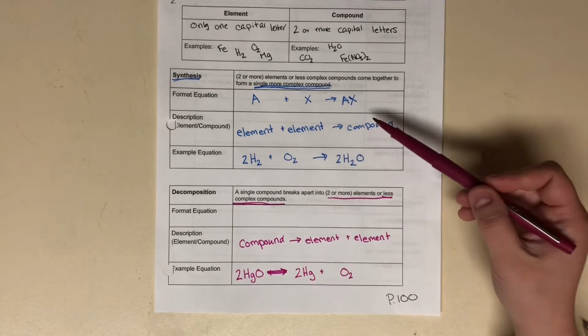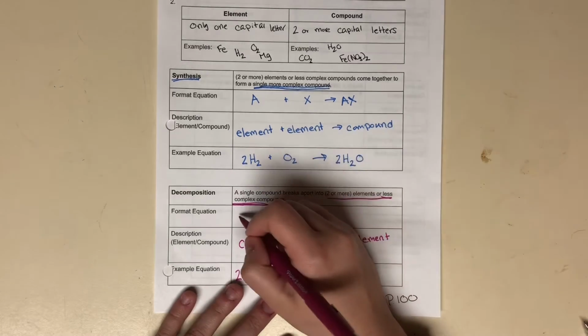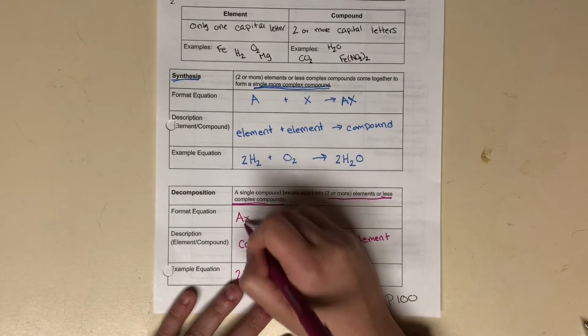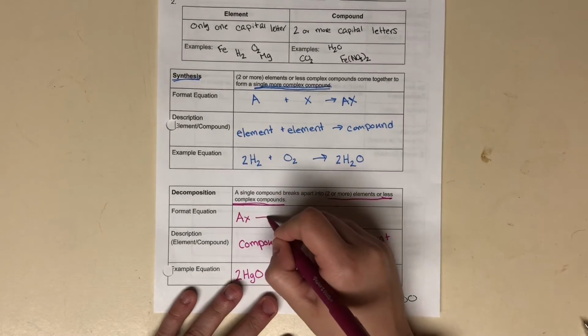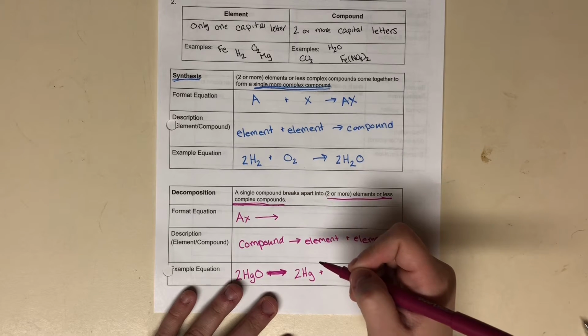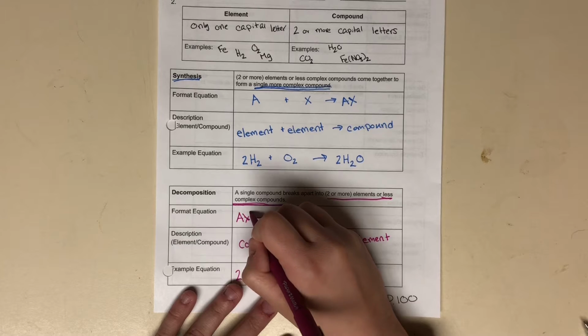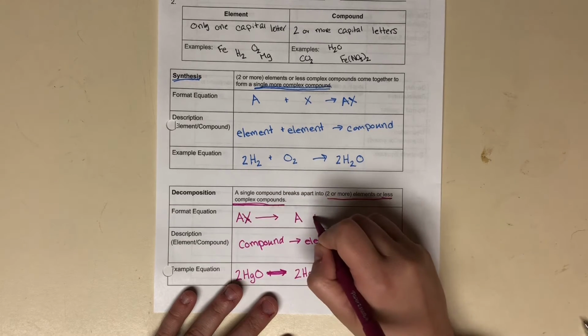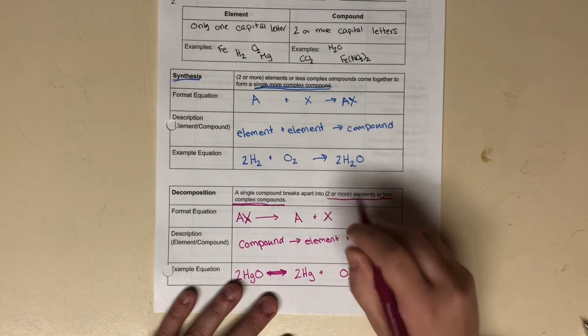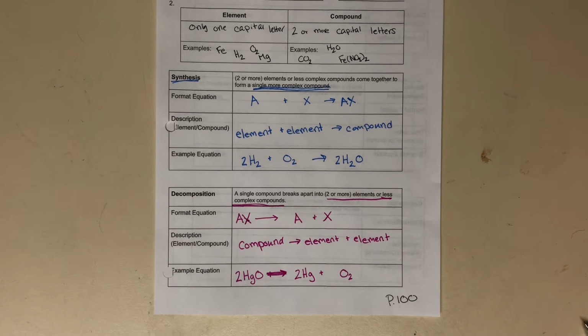It's the opposite of our synthesis reaction. So AX, arrow, is forming A. Oh, this should be a capital X. AX is forming A plus X. And that is our decomposition reaction. Anytime you see one thing on the left side of the arrow, immediately your brain can go, decomposition.